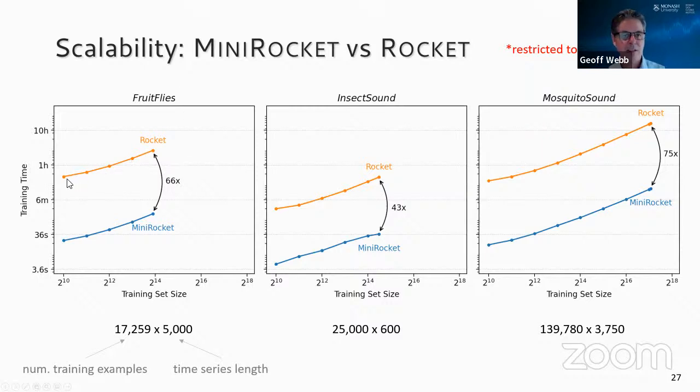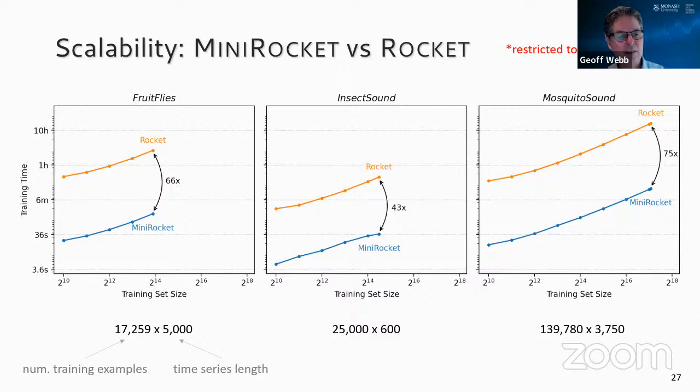So here are 3 examples of the most difficult datasets from the University of California, Riverside benchmark time series classification tasks, which are widely used in the research community.